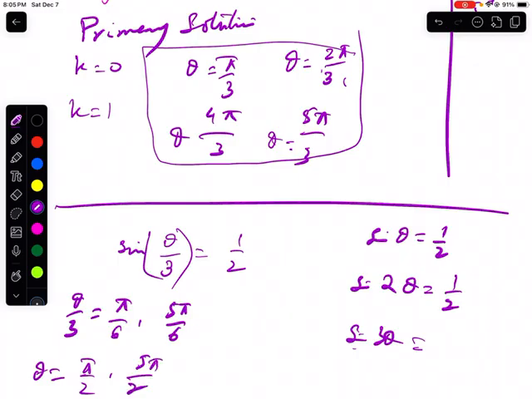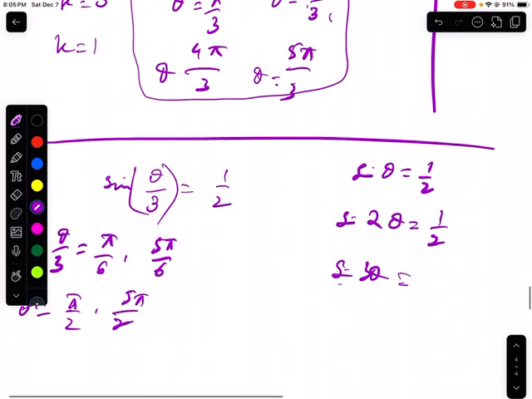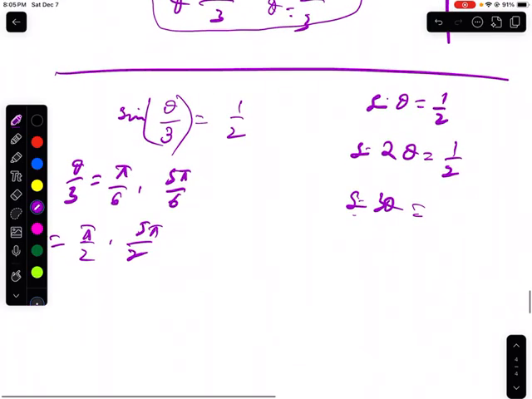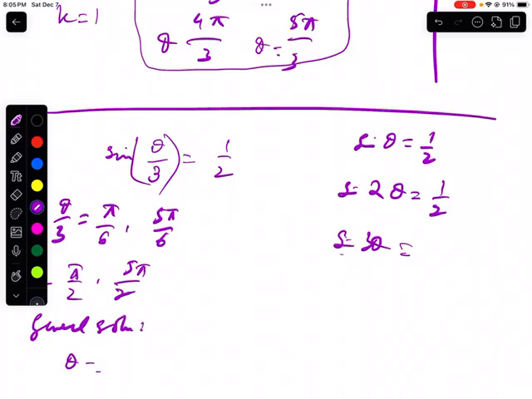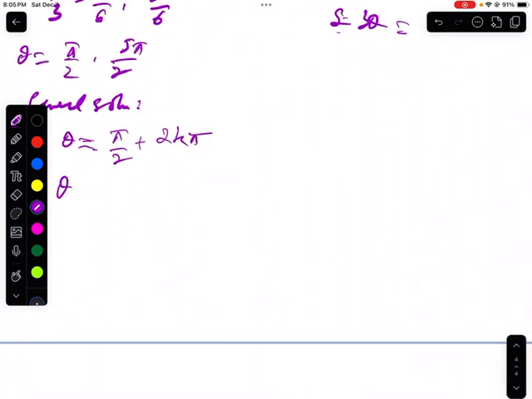So the general solution will be theta is equal to pi over 2 plus 2k pi, and theta is equal to 5 pi over 2 plus 2k pi. But what is 5 pi over 2? So let's see.